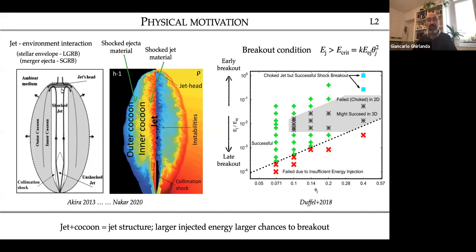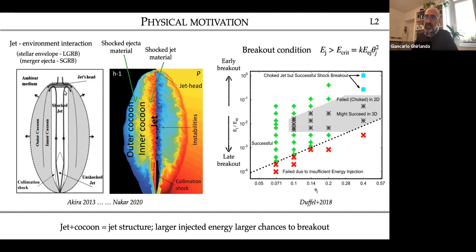The reverse shock is shocking the material of the jet itself. And the end result is that the region which is comprised between the forward and the reverse shock is filled with the hot material shocked from the upstream material and from the material which is shocked by the reverse shock. Okay, so there are two directions of filling this region with hot material.